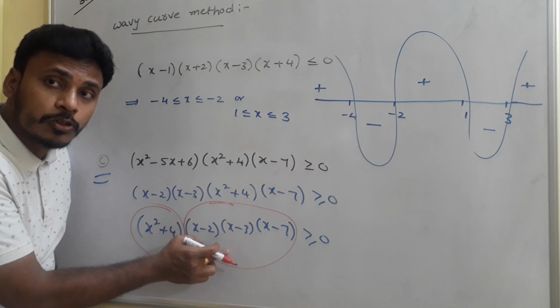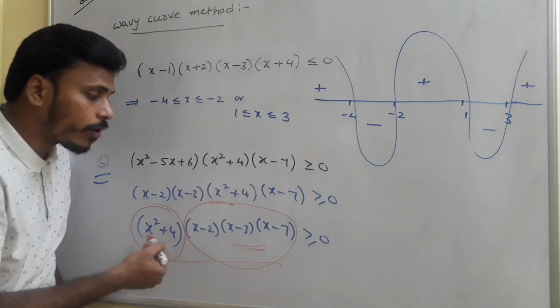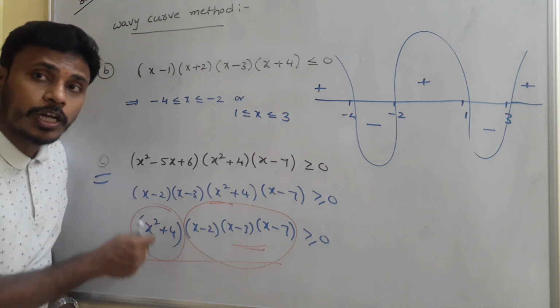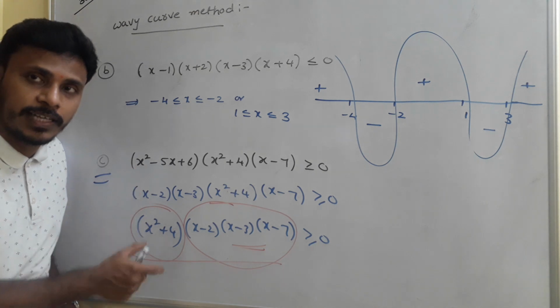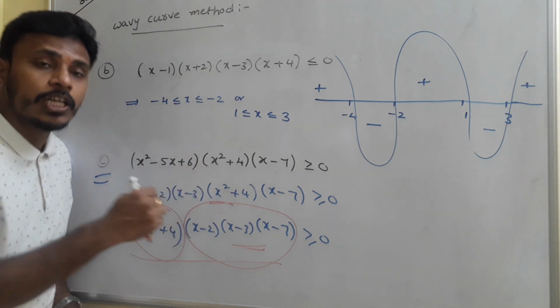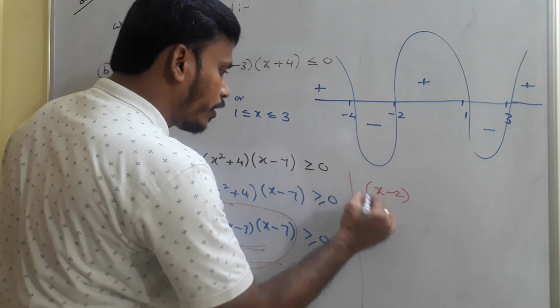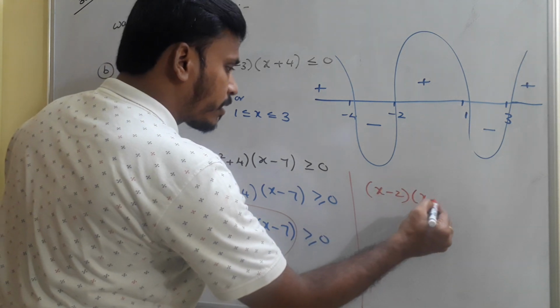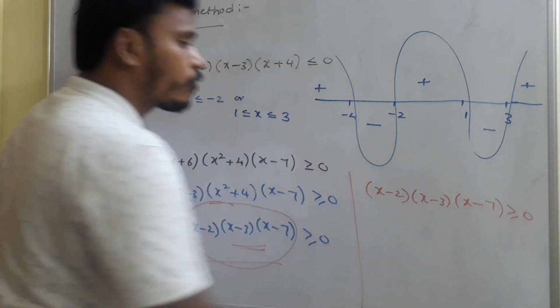The product is positive, then the other is also a positive quantity, right? So for these types of problems, if we are sure about a particular expression which is always positive, just leave it or just send it to that side. You just neglect it and it becomes (x minus 2)(x minus 3)(x minus 7) greater than or equal to 0.